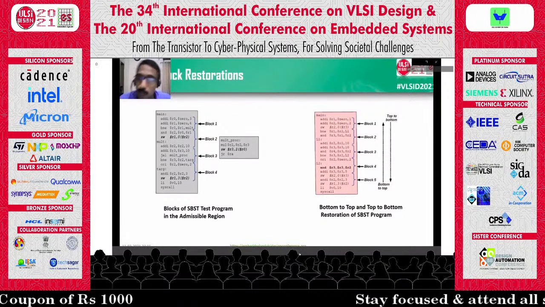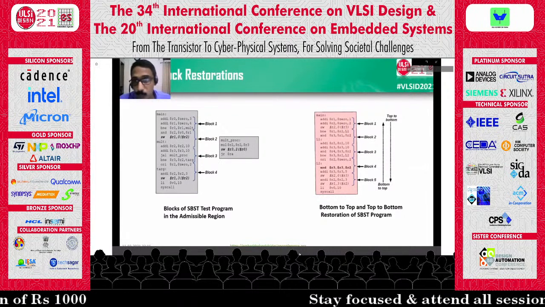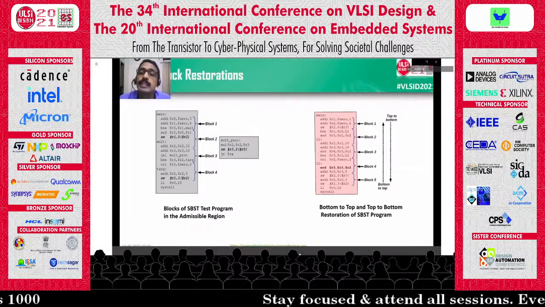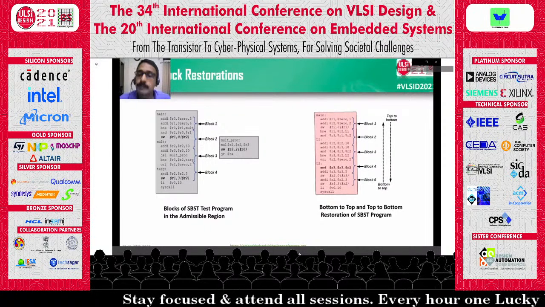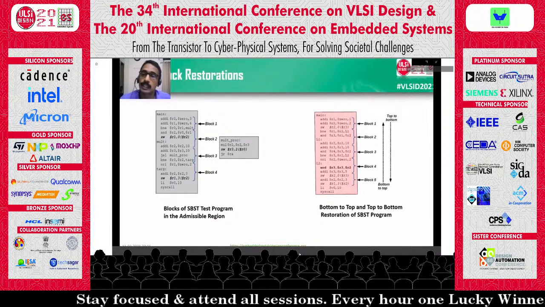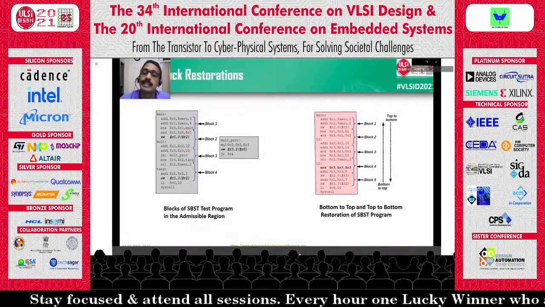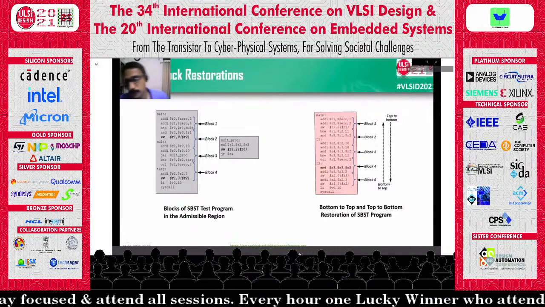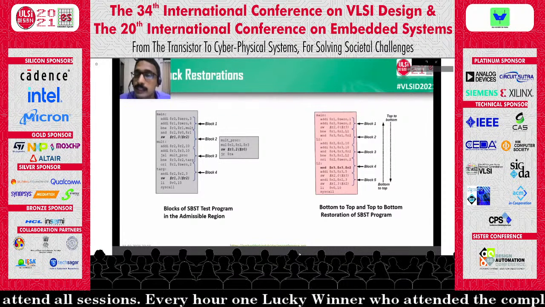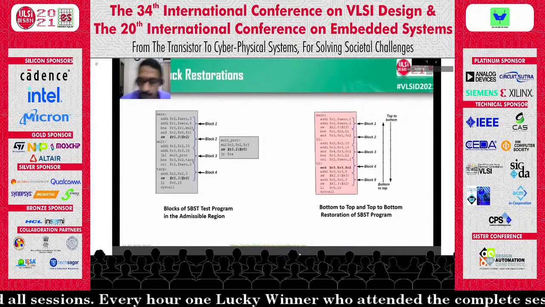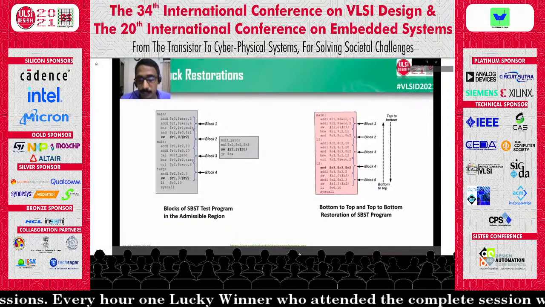But in top to bottom restoration, it will not be removed. When we remove the instructions in block 1, we restore them one by one, seeing whether all the reliant faults in block 1 are detected by the blocks below. So we will not remove any critical instructions in the top to bottom method, and in that way, compaction can be better.